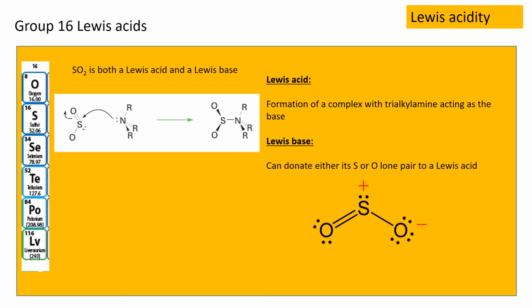Group 16 then, sulfur dioxide, is both a Lewis acid and a Lewis base. It's able to form a complex with trialkyl amines, where it acts as the Lewis acid by accepting an electron pair. But it can also act as a Lewis base. It can donate either its sulfur or oxygen lone pair to another Lewis acid.